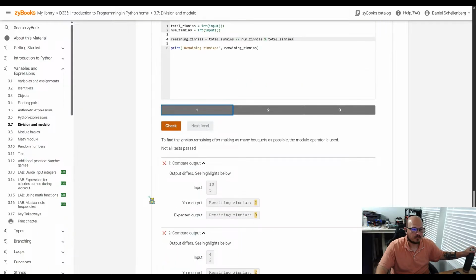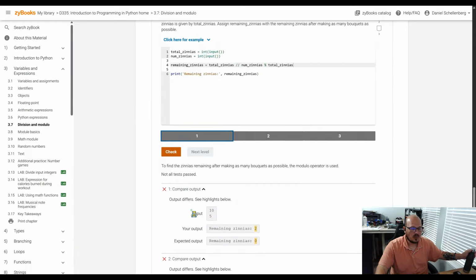Remaining zinnias 2, expected output 0, so input 10. So it took the input of 10 and 5, right? Let's do the math to figure out what it did. 10 divided by 5 equals 2.